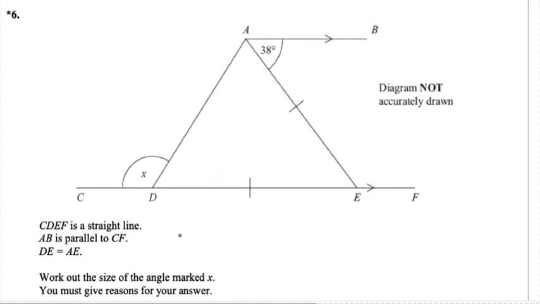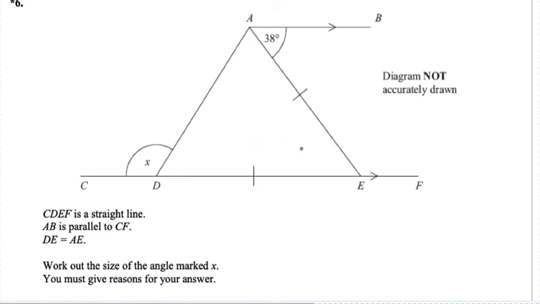Okay, good work. So this one here, we can start by drawing a Z. You can see a Z, so this will be 38. Because this line is equal in length with this, this here is an isosceles triangle. So the angle here, I always use a b, you can use a b that's not capital. This angle here is the same as this angle here, so let's find it.